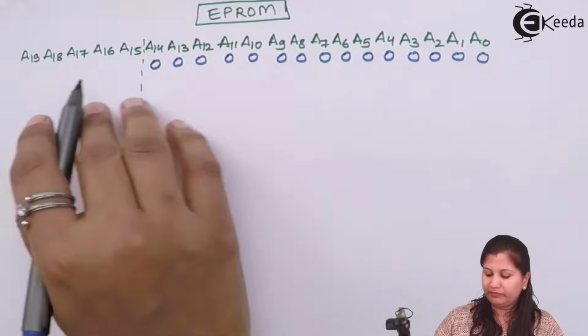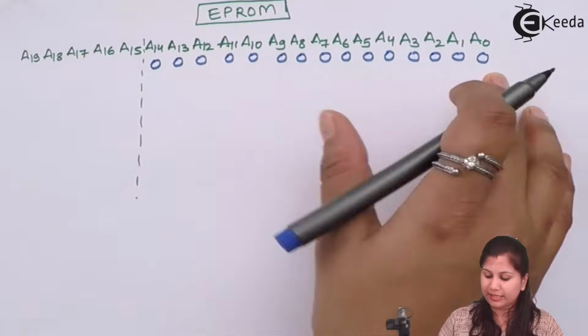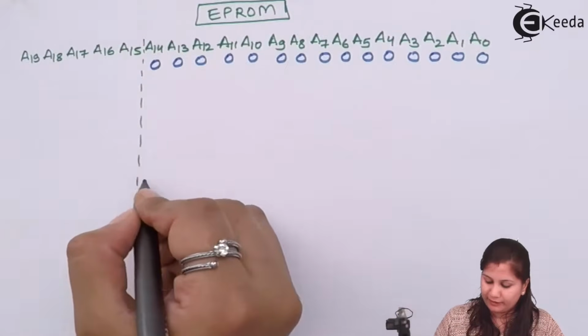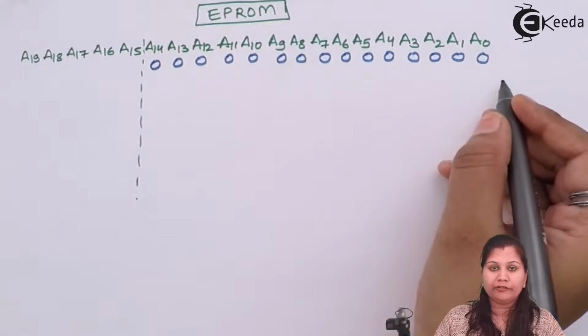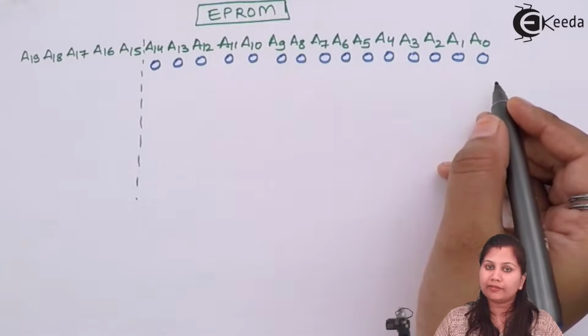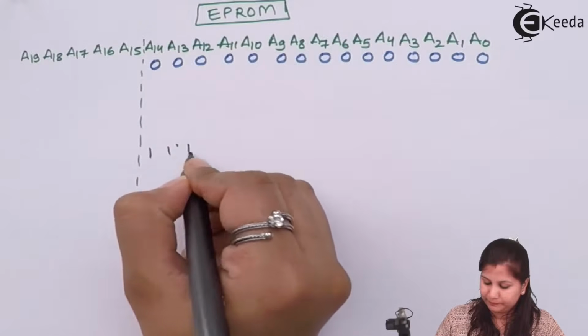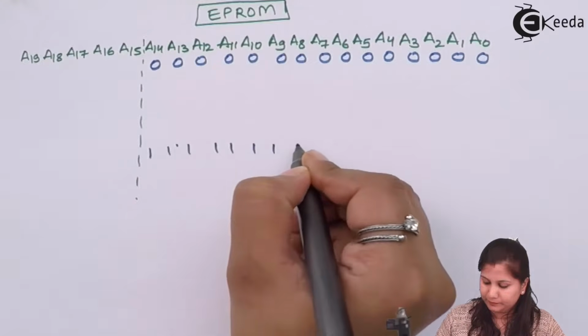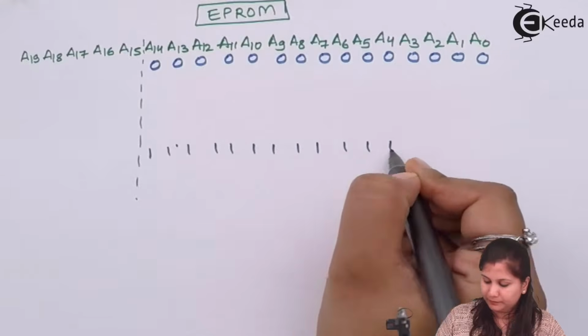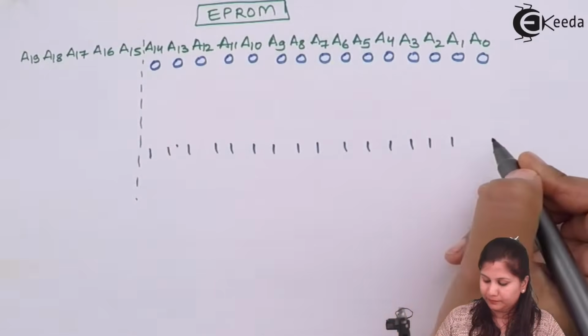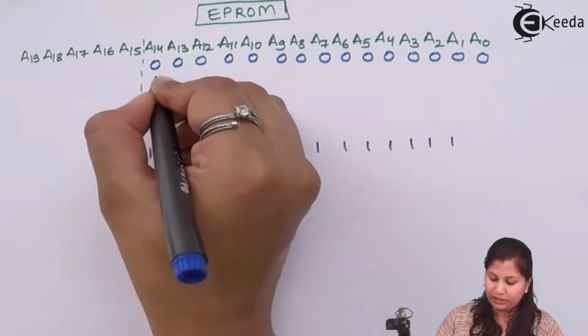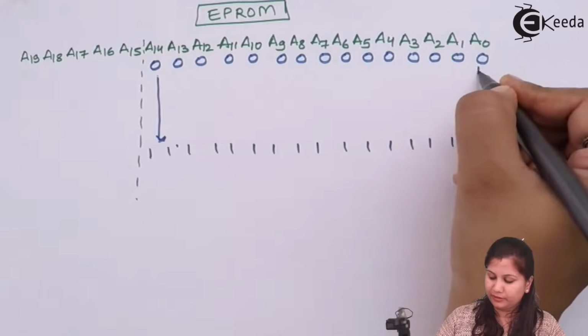One value will be when all the 15 address lines are 0, and one value will be when all the 15 address lines are 1. So we can have these different values.